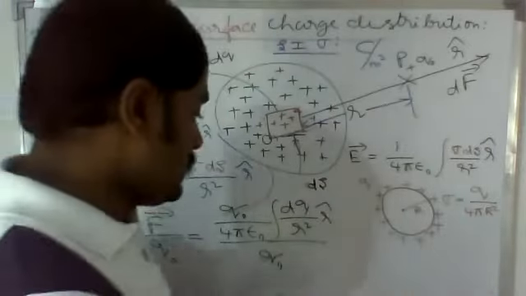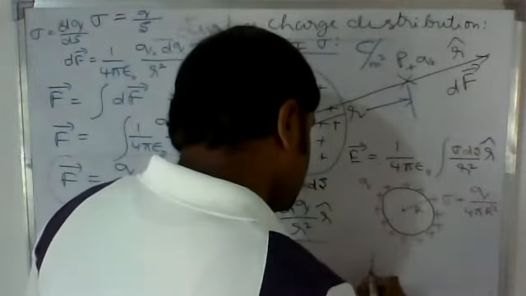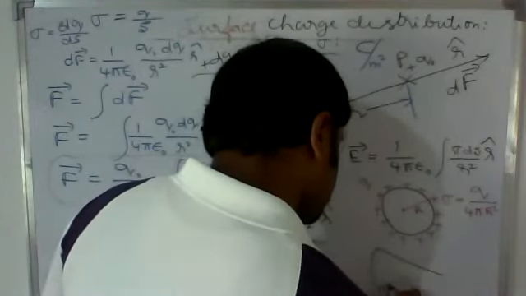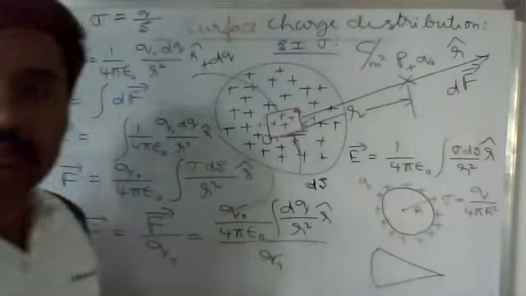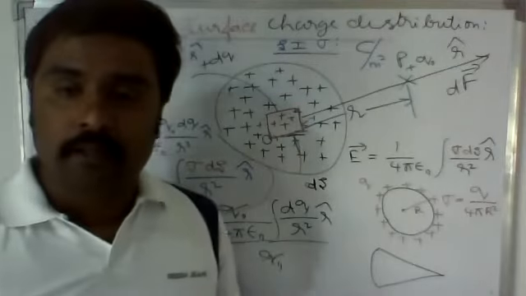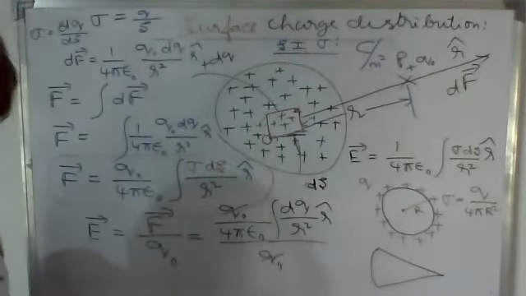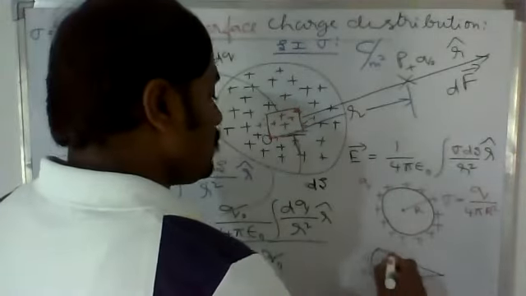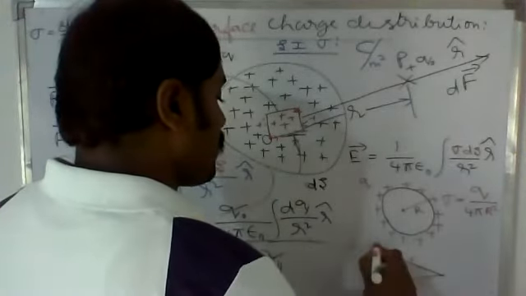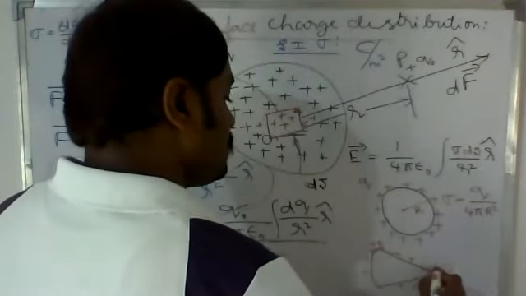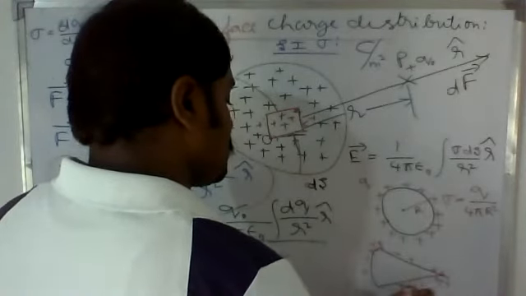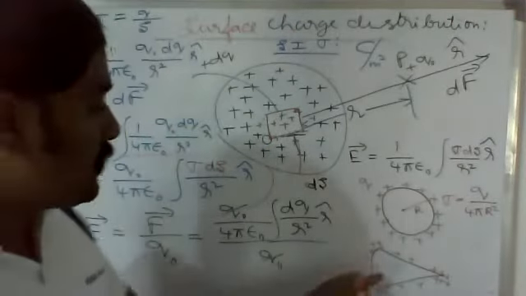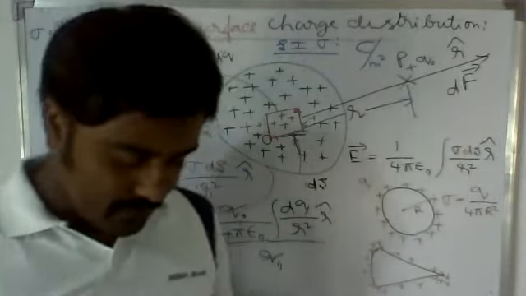If the shape of the conductor is non-uniform, like this, the surface charge distribution is also non-uniform. So look at this diagram.